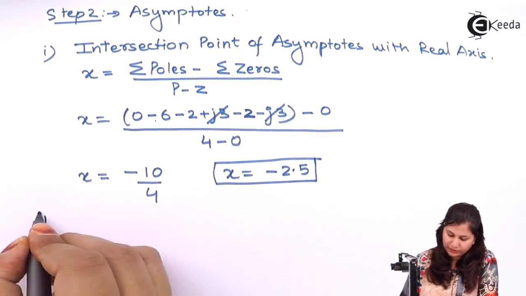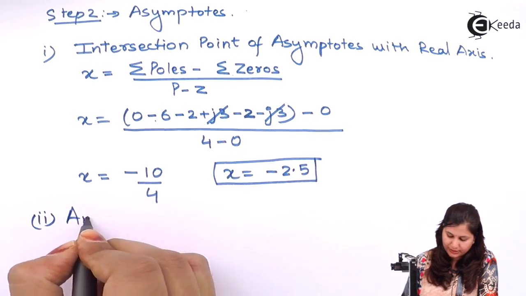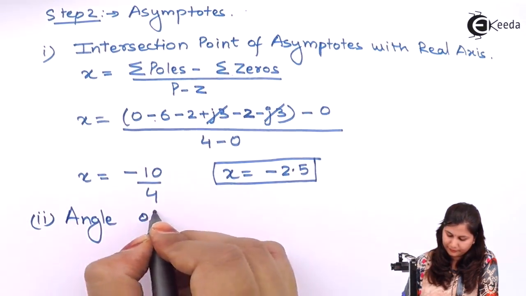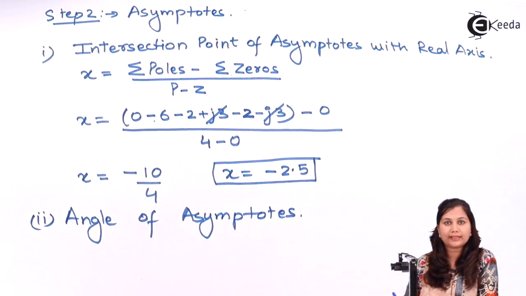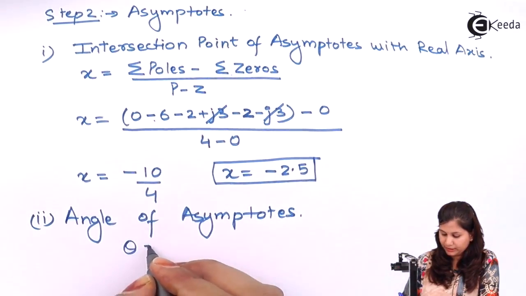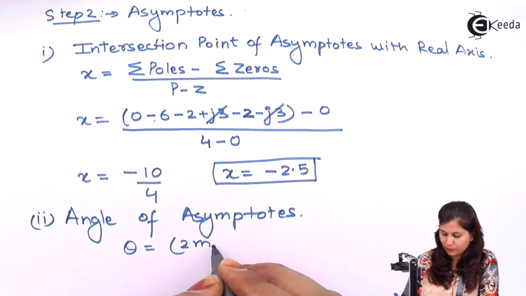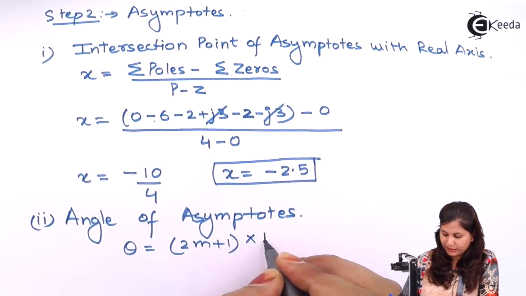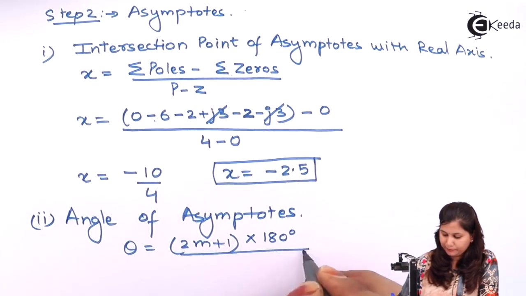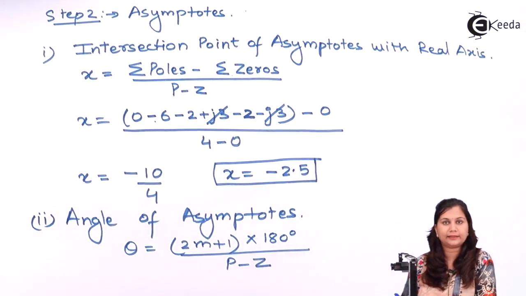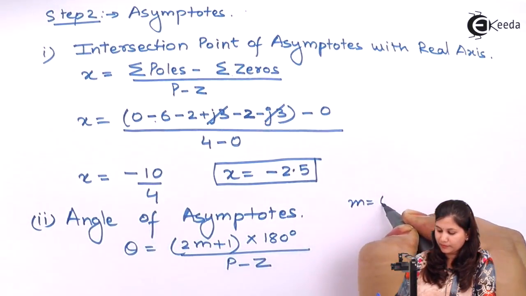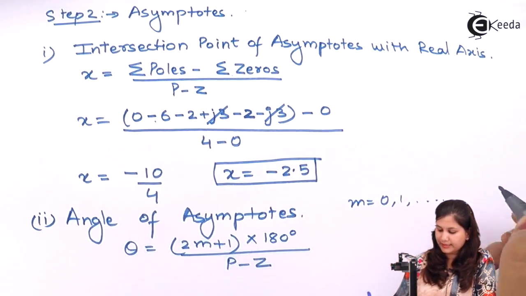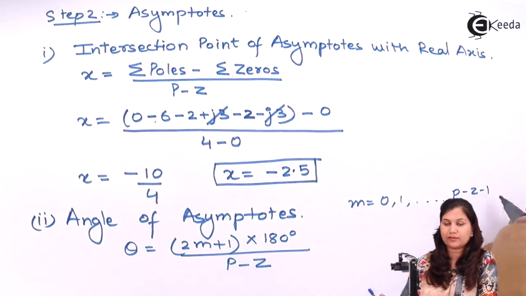Now we will find out the angle of asymptotes. To find the angle, we have the formula theta equals (2m + 1) times 180 degrees upon P minus Z. The value of m ranges from 0, 1 till P minus Z minus 1.